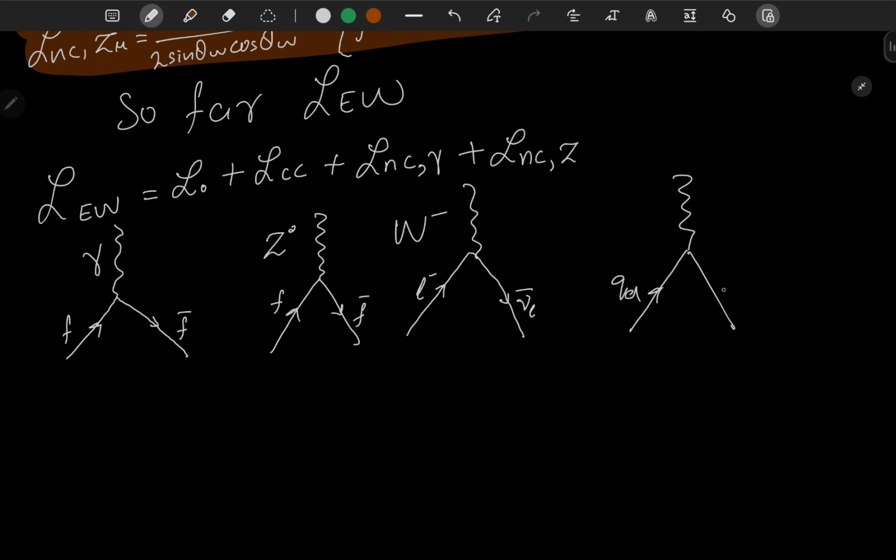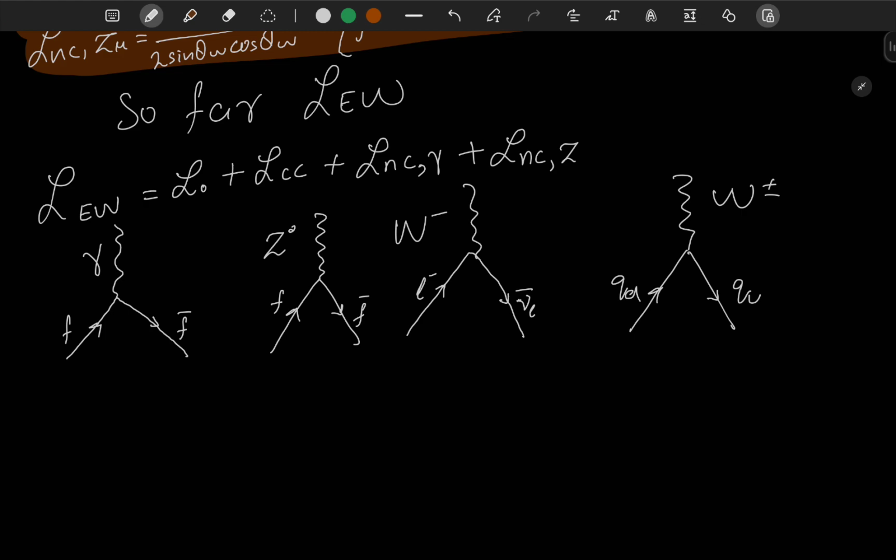One thing to note here is that it can be either plus or minus. Only the W plus and minus bosons can change the flavor of the fermion.